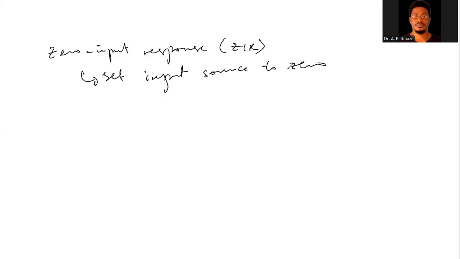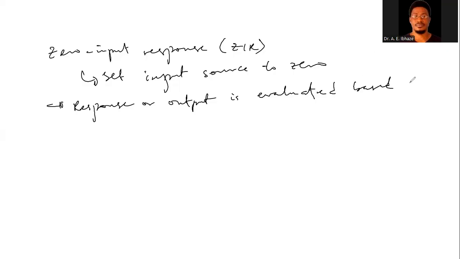And then we want to evaluate the output, or better still, the response due to the initial conditions. So once we set the input source to 0, then the response, or the output, is evaluated based on the initial conditions alone.